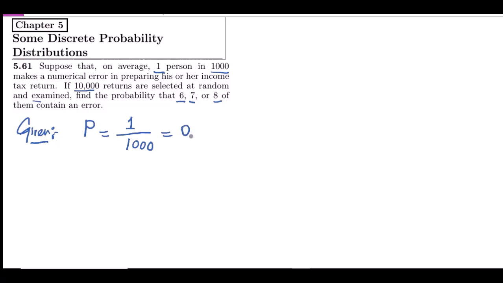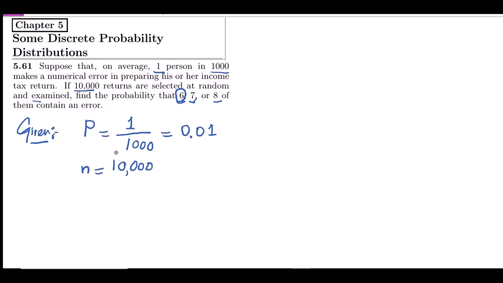So we get 0.01. Similarly, from the sample of 10,000 people, we have to find the probability that 6, 7 or 8 of them contain an error, which are the documents.